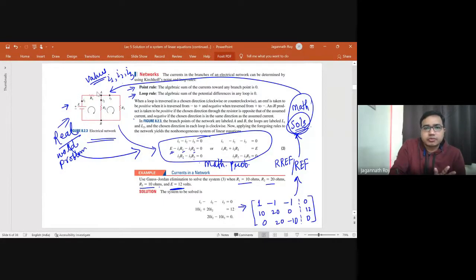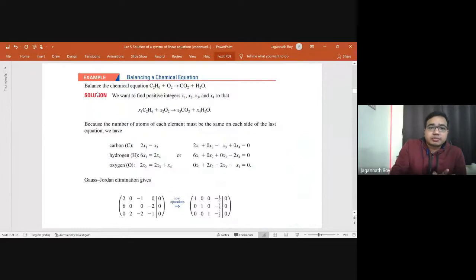In this way we can find some similar applications. For example, how to balance a chemical equation. This is a problem.